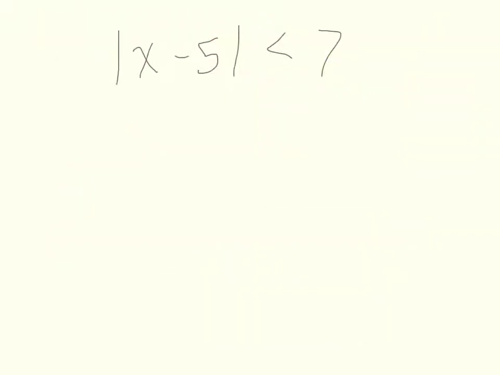So trying that again, we have the absolute value of x minus 5 is less than 7. So in this case, I'm going to write x minus 5 is less than 7, and then just to the left, I'm going to write that other inequality symbol that matches up with the less than sign, and I'm going to write the negative 7 to the left of it.